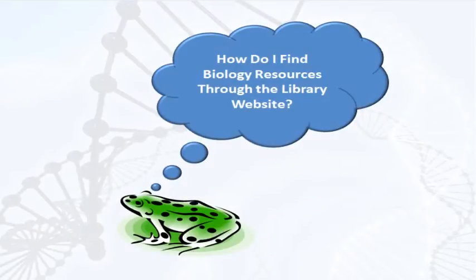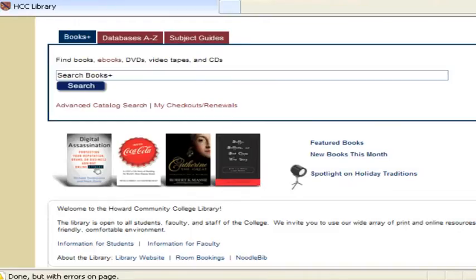How do I find biology resources through the library website? Course guides on the HCC Library website are organized based on your discipline and the specific course you're taking. You'll find many resources for Biology 101 under the Biology 101 course guide.